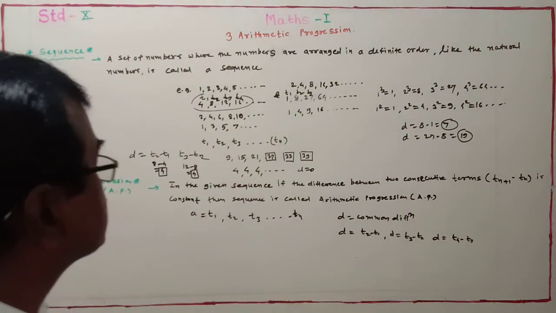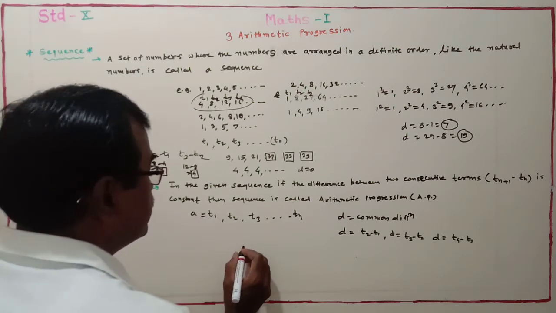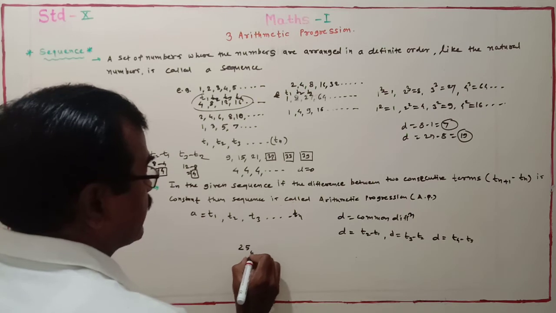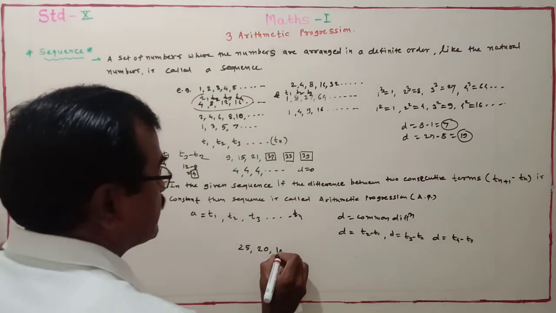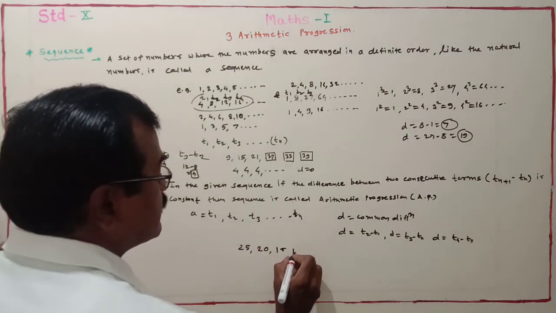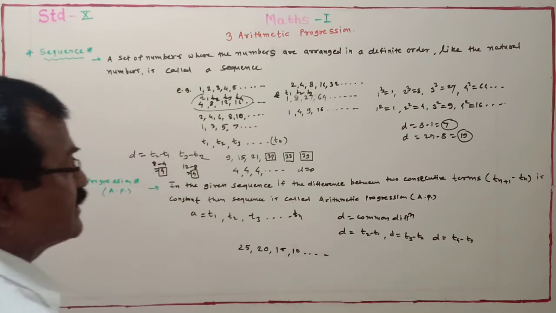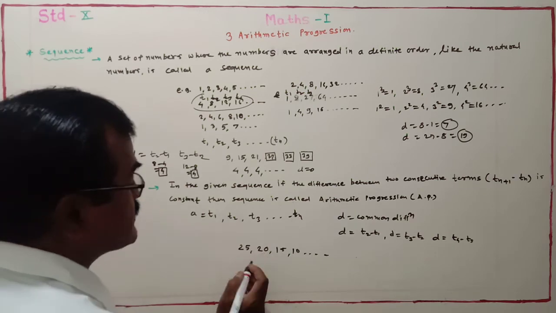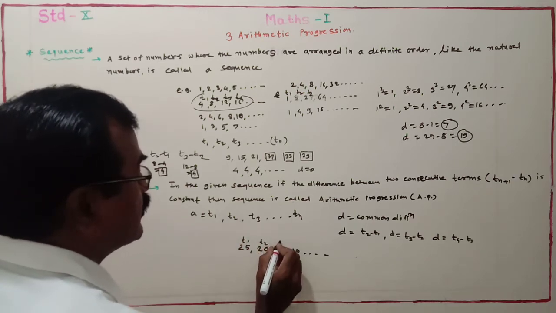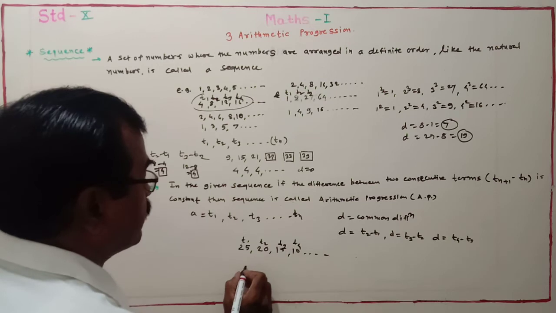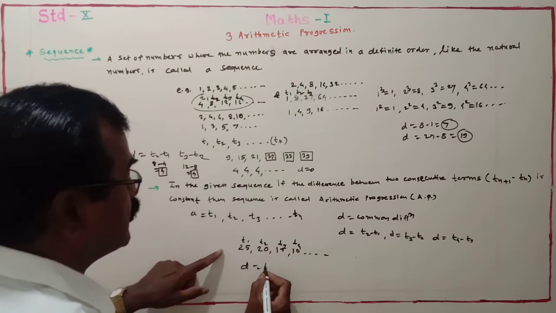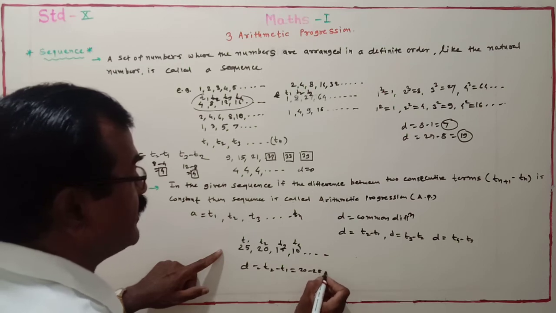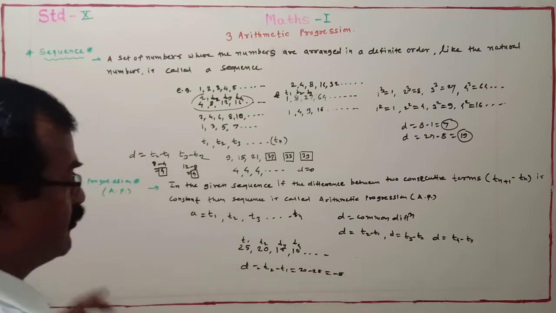For example, if we are given 25, 20, 15, 10, this sequence is an AP because the common difference is constant. T2 minus T1 is 20 minus 25, which is minus 5.